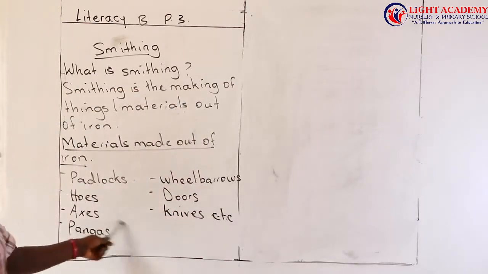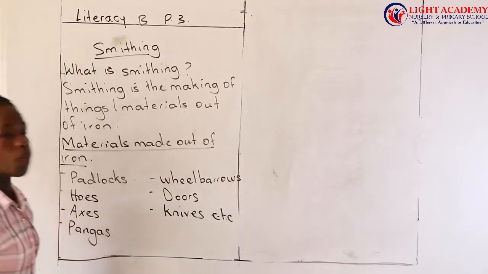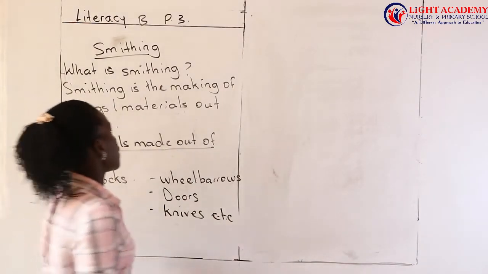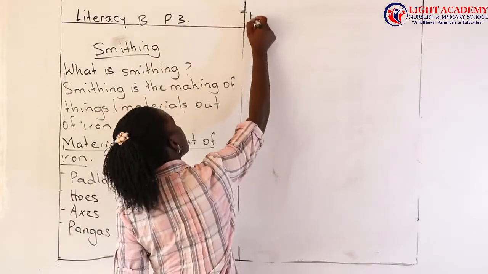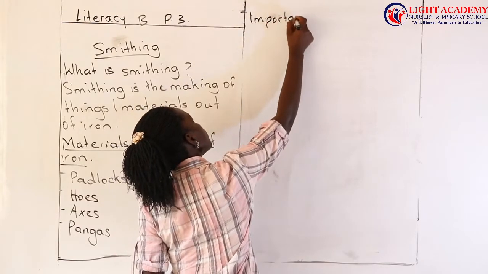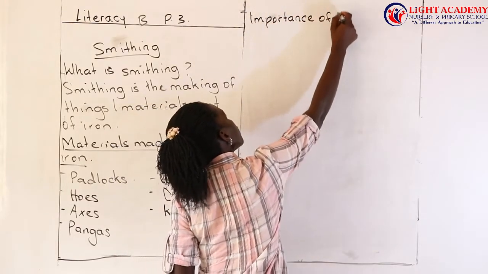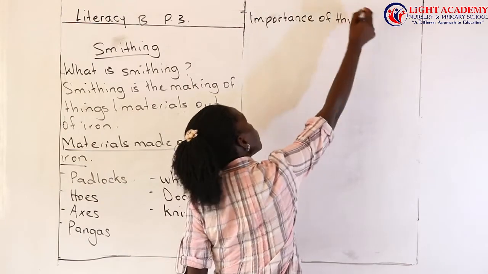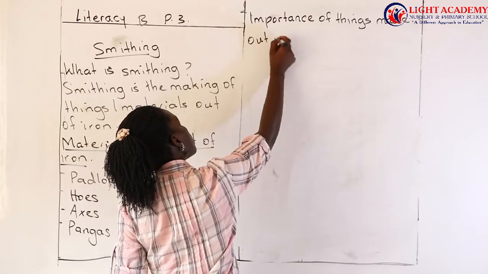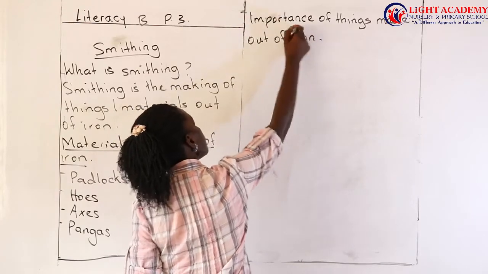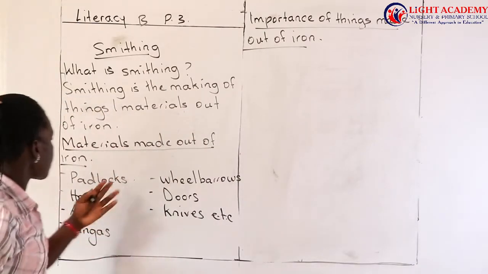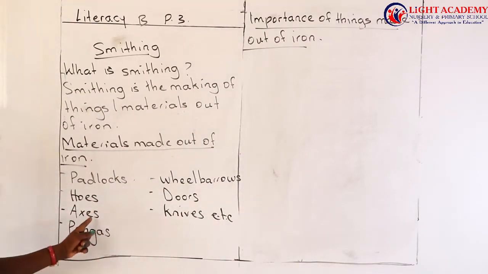What is the importance of these things made out of iron? We talk about the padlocks, the hoes, the axes.